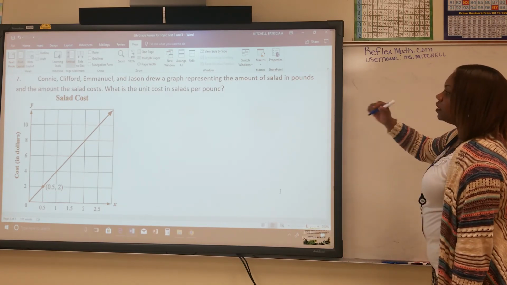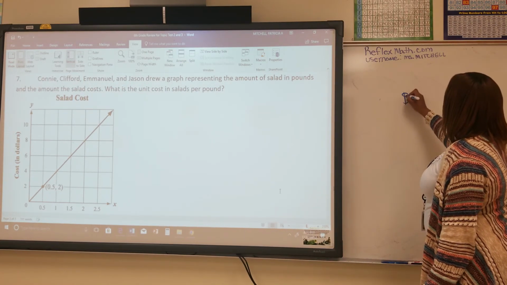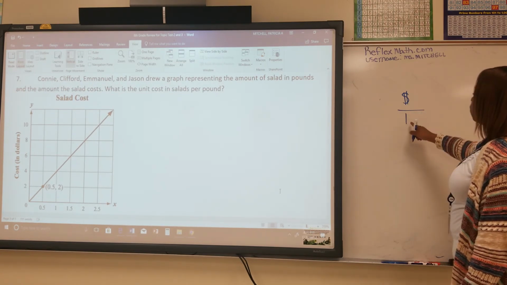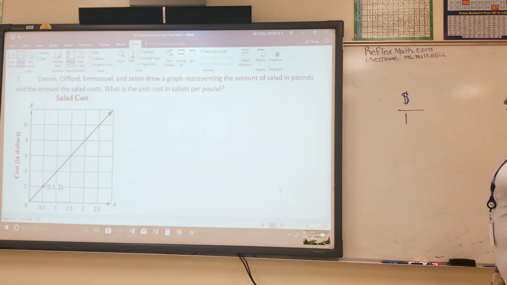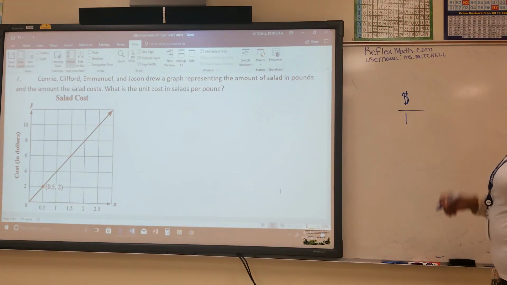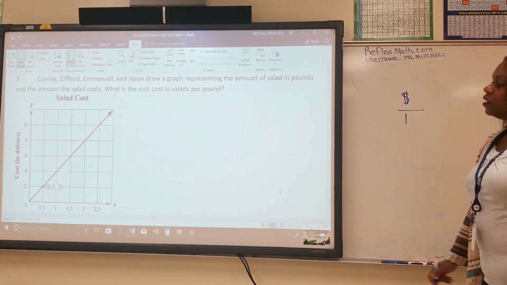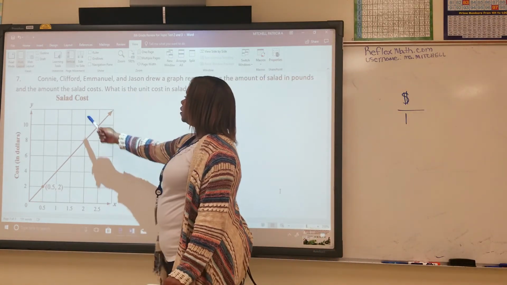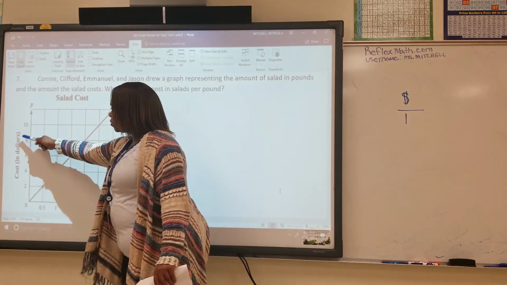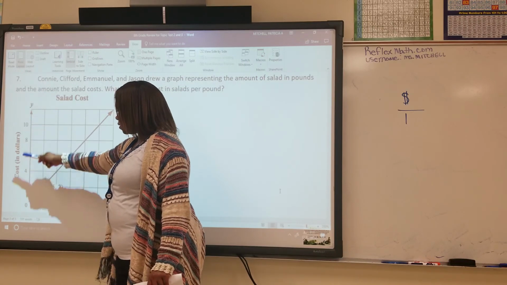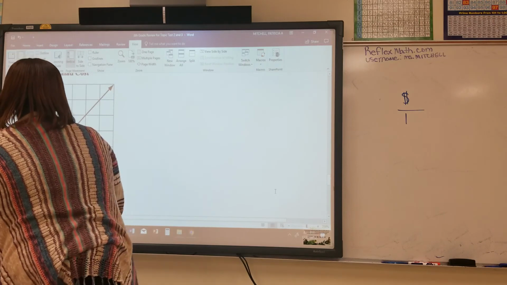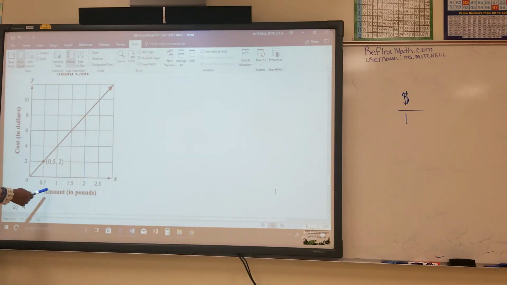All right, so they said, what is the unit cost per pound? So therefore, 1 has to be in the denominator, okay, and our cost in the numerator. All right, so we have our graph, we have salad costs, the cost in dollars on our y-axis and the amount in pounds on our x-axis, okay?